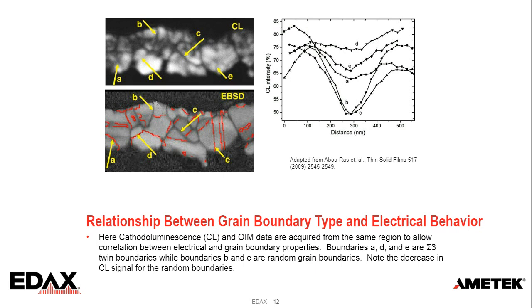And you can see that the red boundaries do not have a decrease in CL intensity. So they're not degrading the performance of the CL signal. This is work from Abou-Ras from a few years ago, but it shows how you can correlate electrical characterization measurements directly with the EBSD results.